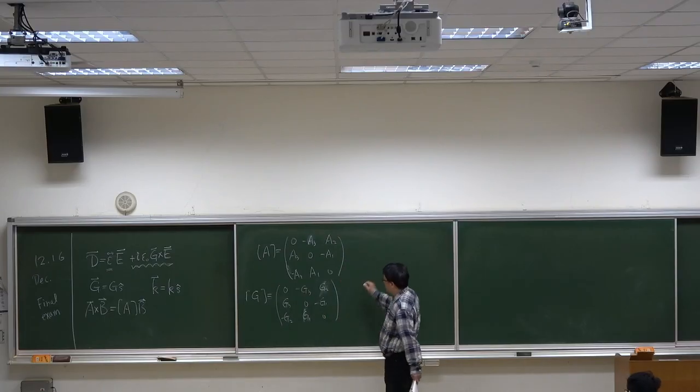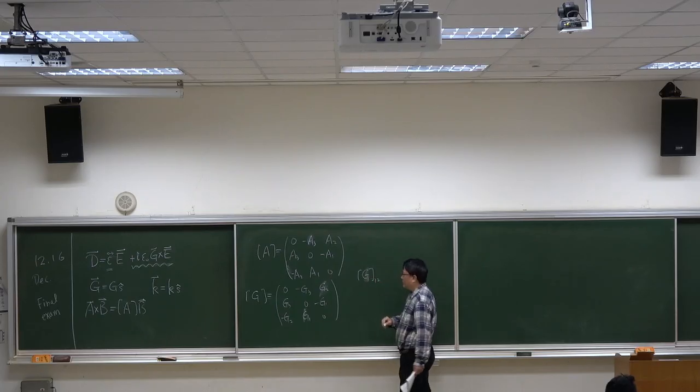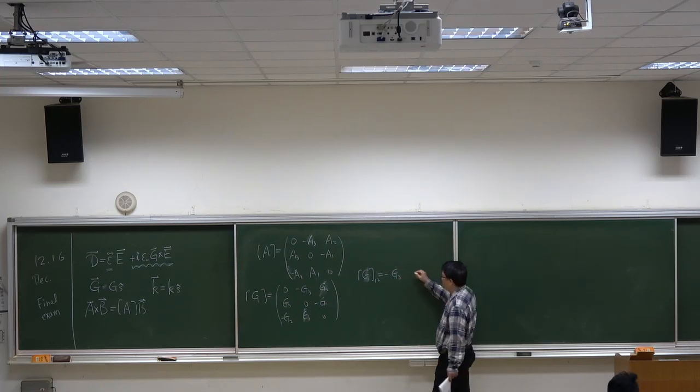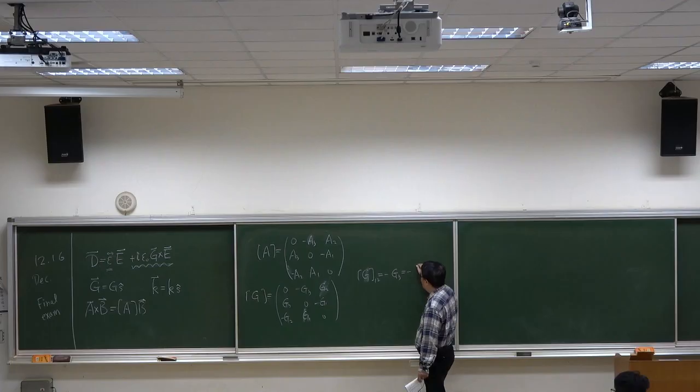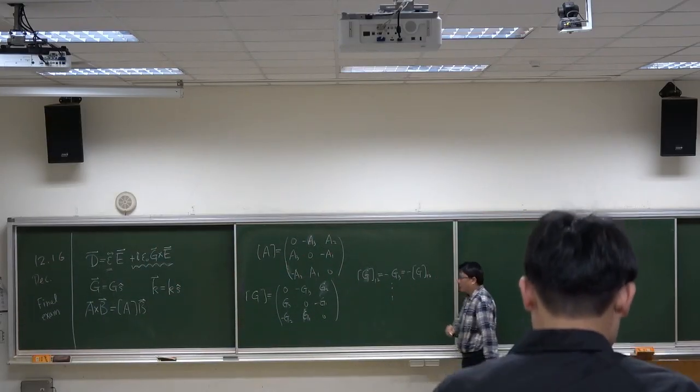Okay, this means that the Y2 component is given by minus G3, which is equal to the minus 2Y component. Example. Okay.